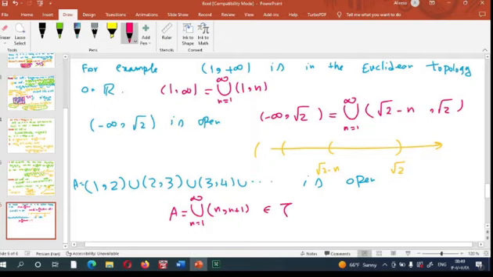This is an open set. This is an element of tau.